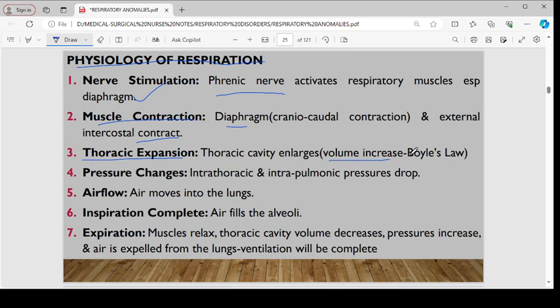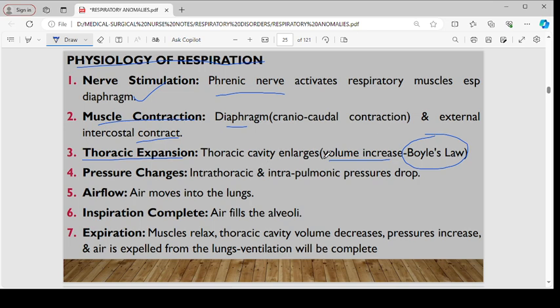This is where Boyle's law comes in. Remember, Boyle's law is a very important concept in chemistry and physics, which states that when the volume of a gas increases, there will be a corresponding decrease in pressure, provided the temperature is constant.